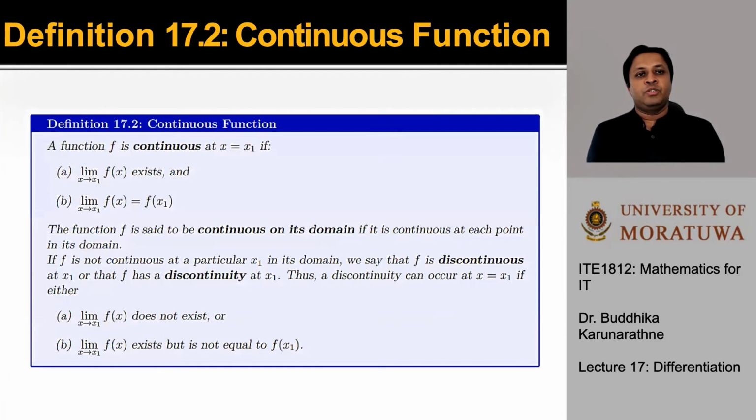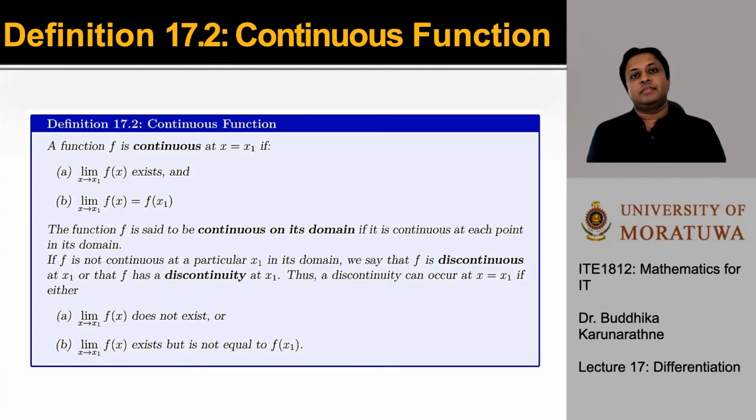Now we move on to the formal definition of a continuous function. A function f is continuous at x equals x1 if the limit of f(x) as x approaches x1 exists, and the limit of f(x) as x approaches x1 is f(x1).